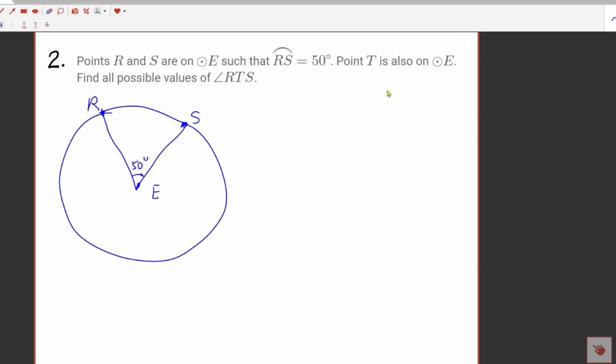Point T is also on E, so where's point T? T could be here or here, right? For angle RTS to be an angle, T cannot be on top of R or S, right?